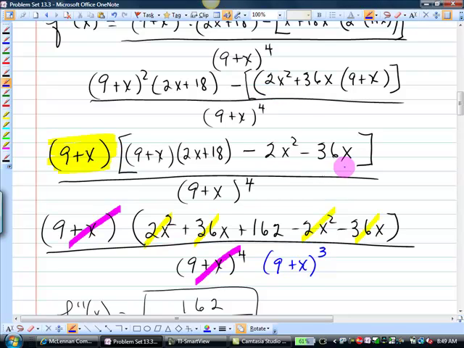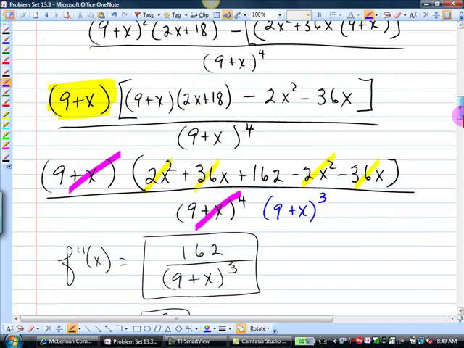So that's there. Okay, we good? Then I did this multiplication, and lo and behold, some things canceled out, which I've marked in yellow. There's a 2x squared, there's a minus 2x squared. There's a 36x, there's a minus 36x. And the only thing that was left is going to be the 162.